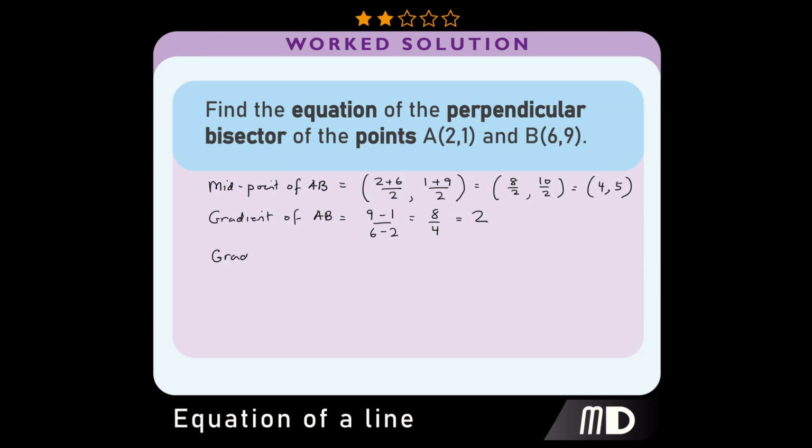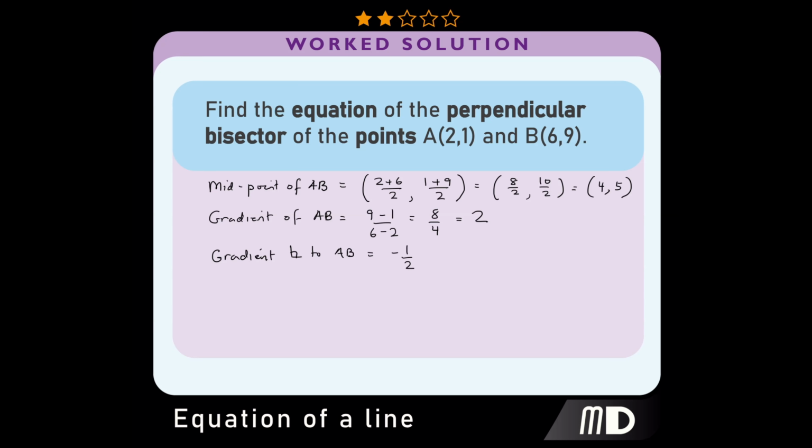Next, we can find the value of the gradient perpendicular to the line AB. If the gradient of a line is given as m, the line perpendicular to that line has the gradient minus 1 over m. That means the line perpendicular to AB has a gradient equal to minus 1 over 2.